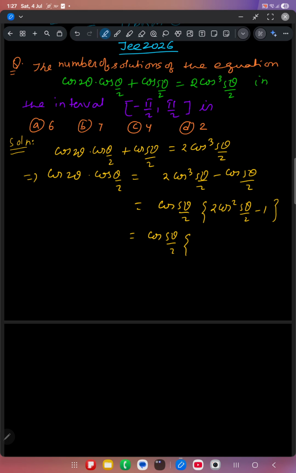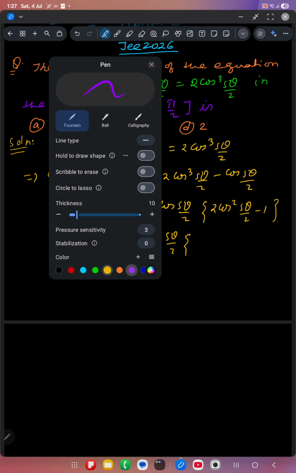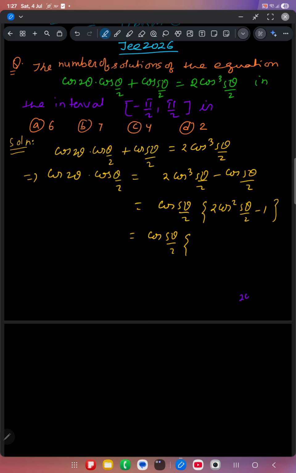You know the formula. Which formula? 2 cos² θ minus 1 is cos 2θ. This formula you know, so we will apply it. Here we will write cos of 2 into 5θ/2.